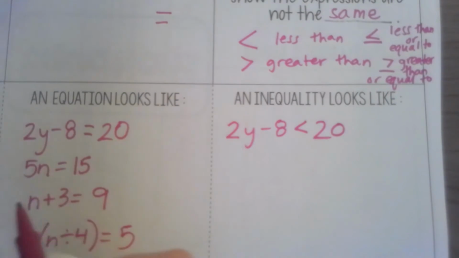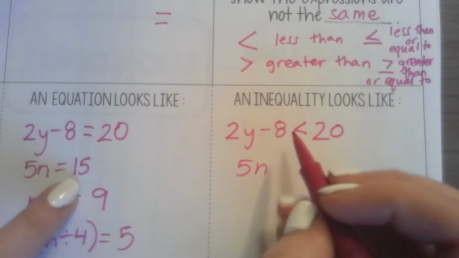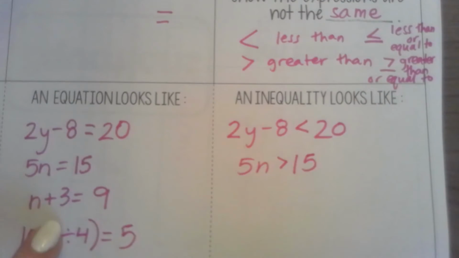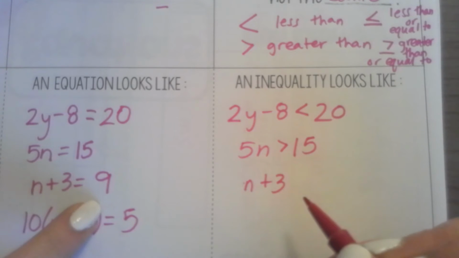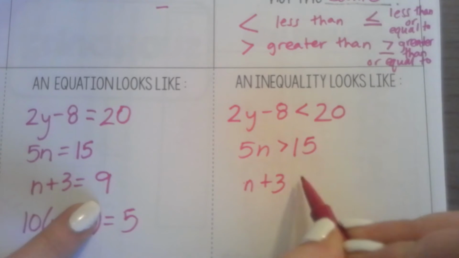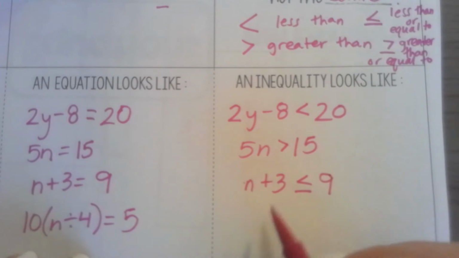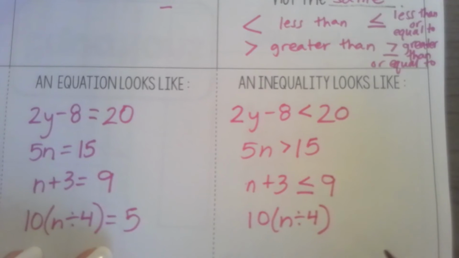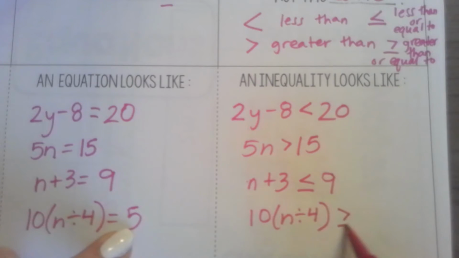Instead of 5n equaling 15, we could do 5n is greater than 15. Instead of n plus 3 equal to 9, it could be n plus 3 is less than or equal to 9. And instead of 10 minus (9 divided by 4) equal to 5, this could be greater than 5.